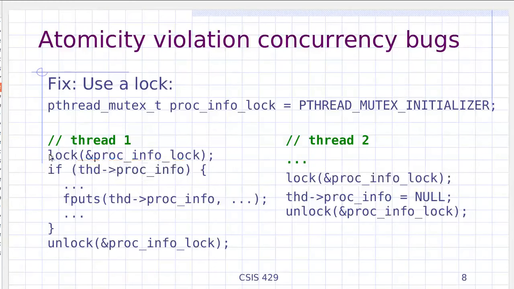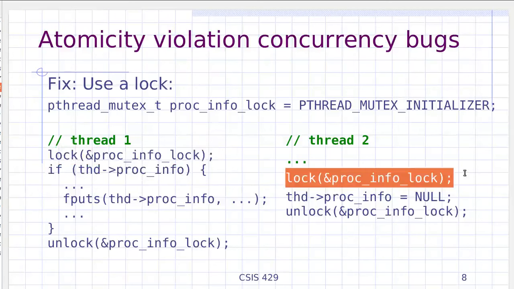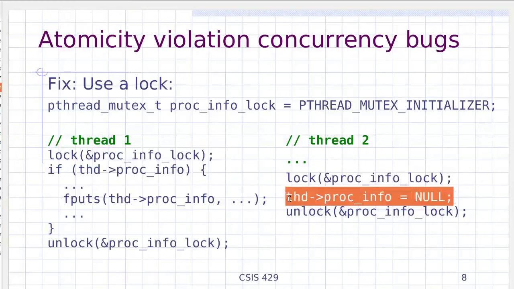So as long as you lock it, you know that thread 2 cannot come in there, and if it tries to execute, it'll have to wait for this unlock before it can go ahead and change this thread arrow proc info to null. So this takes care of the problem.